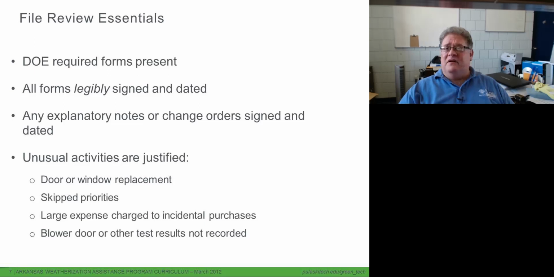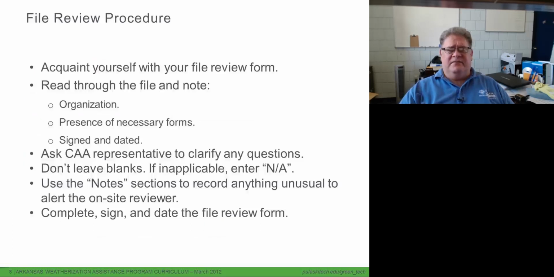Blower door or other test reports, we need diagnostic data in the report. If you're seeing an initial blower door and no closeout blower door numbers, then why are we not seeing that? Okay, that should flag something.